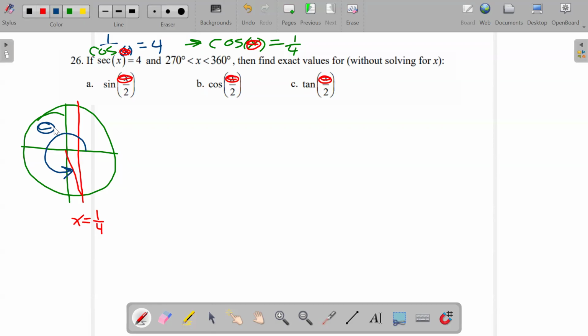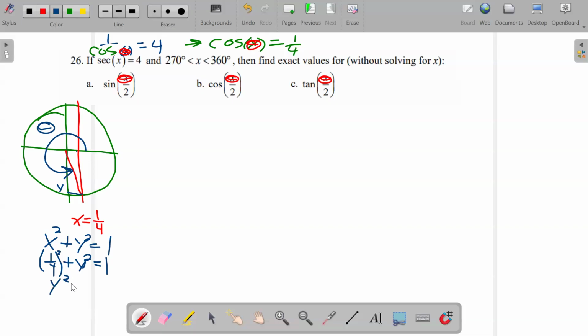Next, if I know the x value on the unit circle, then I can calculate what the y value should be. So Pythagorean theorem, x squared plus y squared equals 1. So I'm going to have 1/4 squared plus y squared equals 1 squared. That's going to be 1/16.